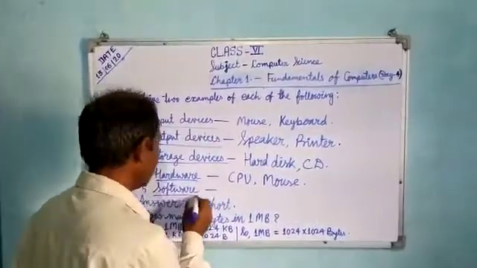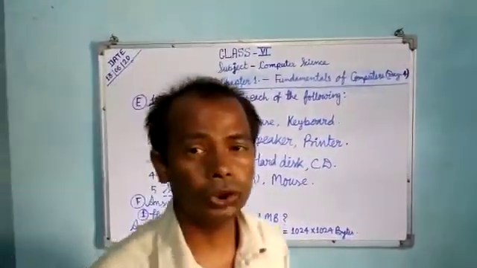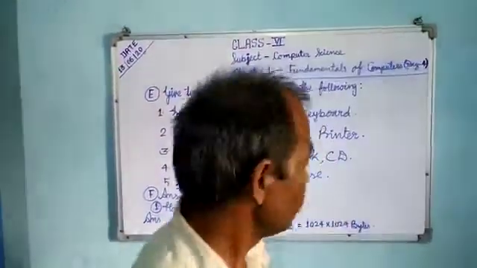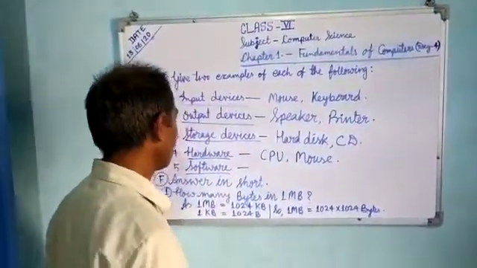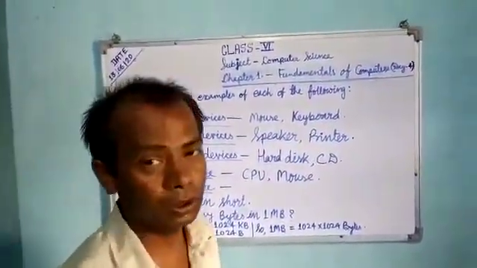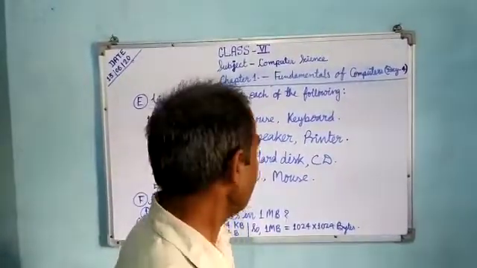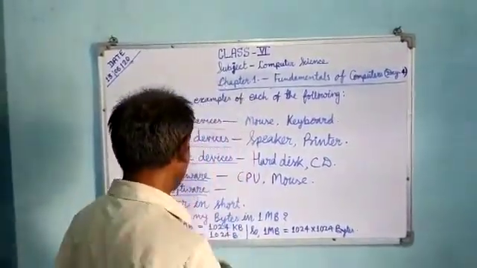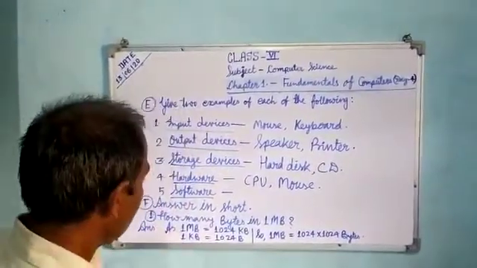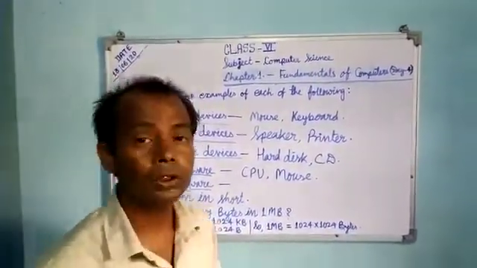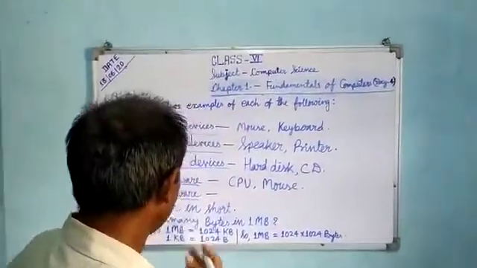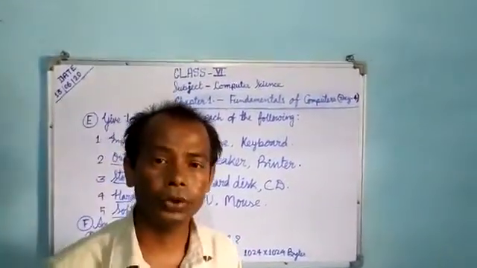Again, software. Software is the type of program through which our computer runs. Without software, the computer is simply a dumb machine. It is simply a box. So we have to install the software through which our computer is going to run. You have to give two examples of software.